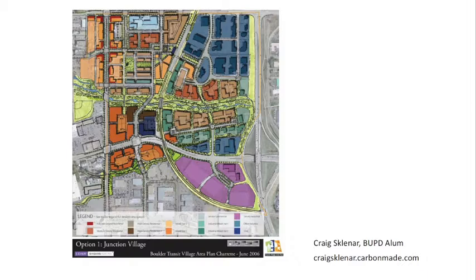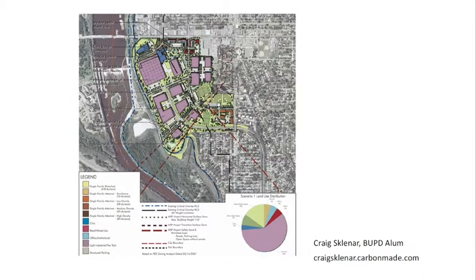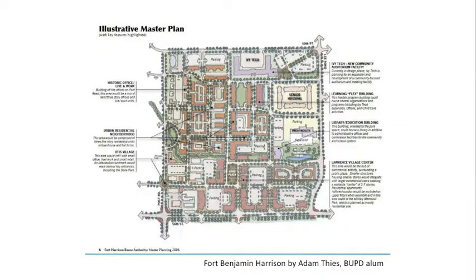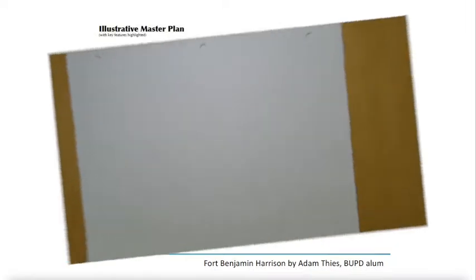And then larger plan drawings by some of our alumni. You can see that creek bed in there. And a proposal for downtown Lawrence, where you can see again building uses, open spaces, and lines of trees.